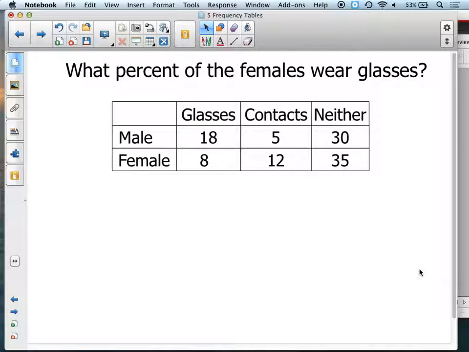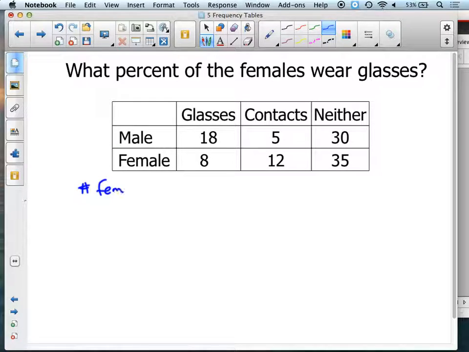For example, we want to know what percentage of the females wear glasses. Well, let's think about what we need to know. First of all, how many females are there? So the number of females, we have to add up the row of the females. 8 plus 12 plus 35. 8 plus 12 is 20. 20 and 35 is 55 females.